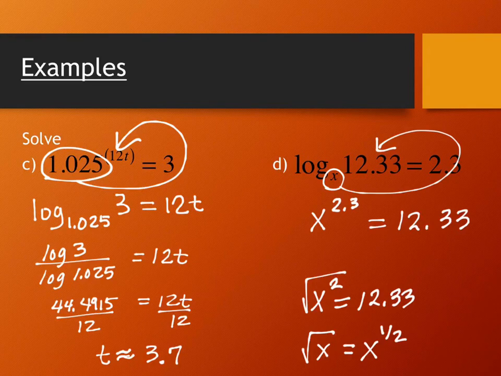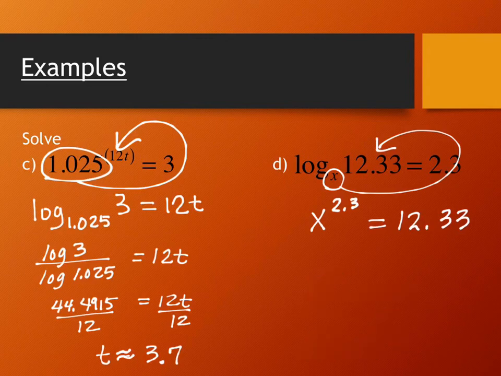Okay, well, but I don't have a power of 1/2 or 2, in particular. I don't have a 2, but I have a 2.3. So here's what we do. Let me just give myself some space. We raise this on both sides to a power, and it's the power 1 over 2.3.